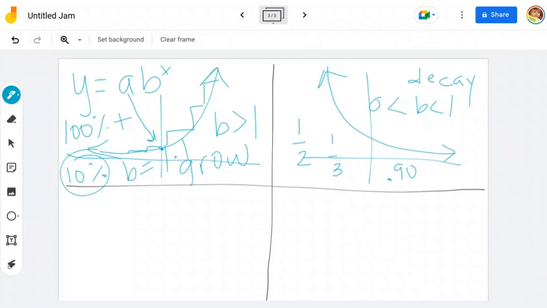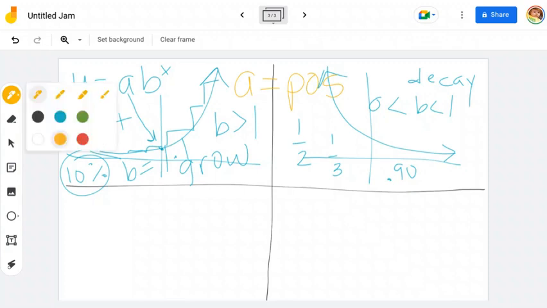Okay. In both of these cases, the A value is a positive number. We can also, and we talked yesterday that these things are twin powers. They are reflections of each other.